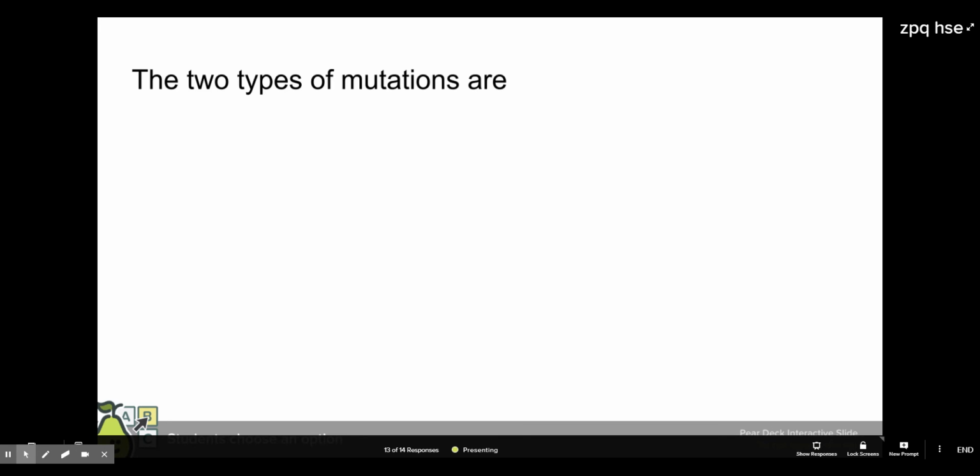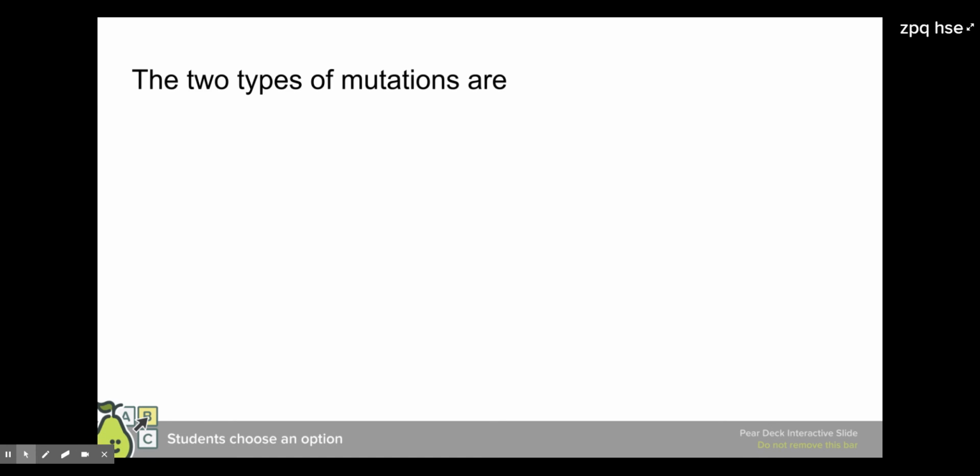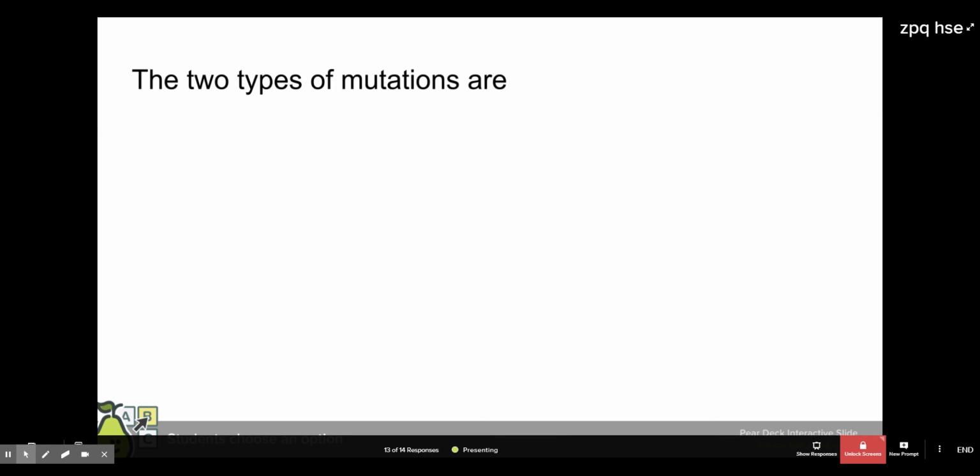All right, so most of you got that right. The 2 types of mutations are chromosomal and gene.